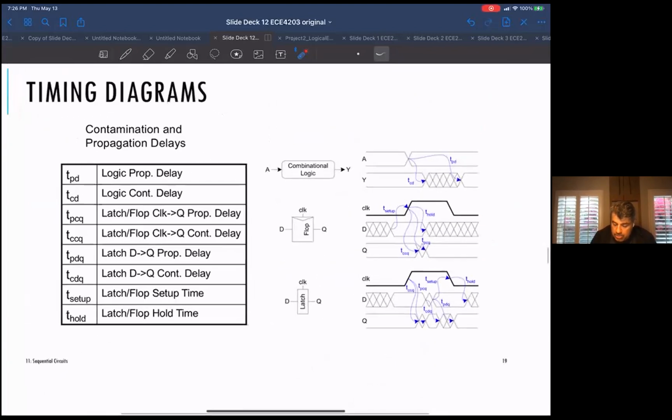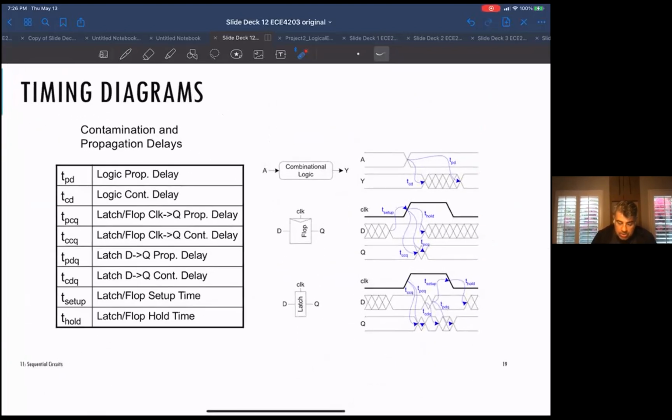Okay, so now let's come up with some definitions. These are for combinational circuits. We've talked about this already: propagation delay and contamination delay.